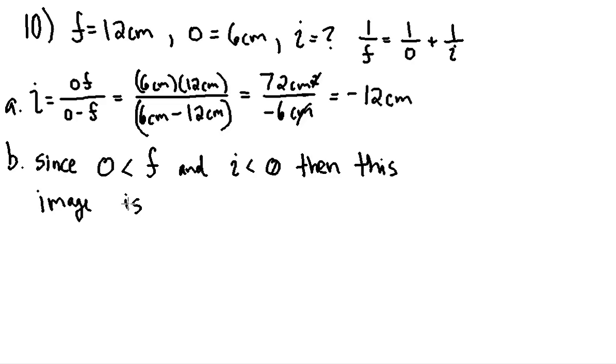It just goes right back to that point C, which is known as the center of curvature. Anything passing through the center of curvature will hit the mirror at a right angle, or will pass back through the center of curvature if it hit the mirror at a right angle. Alright, so this image you can see is virtual and erect.